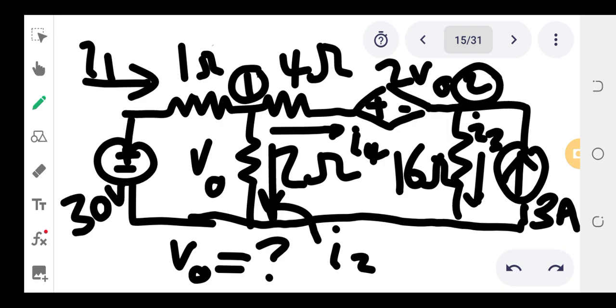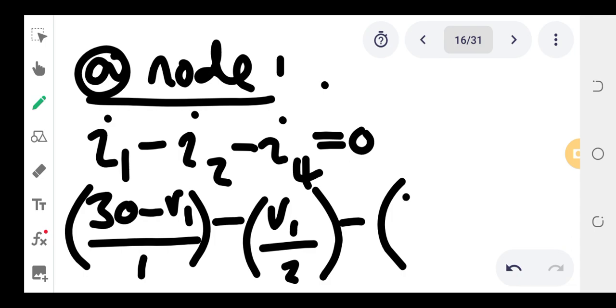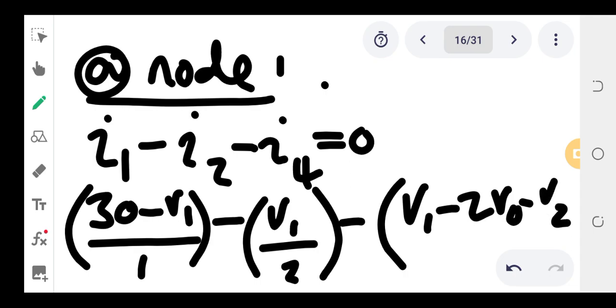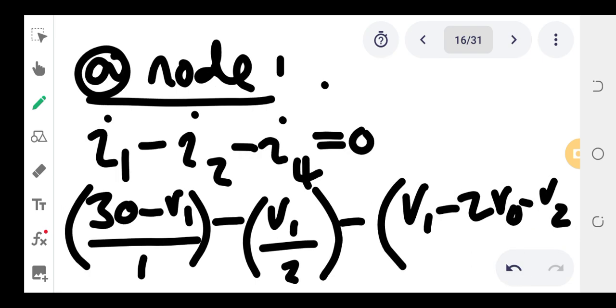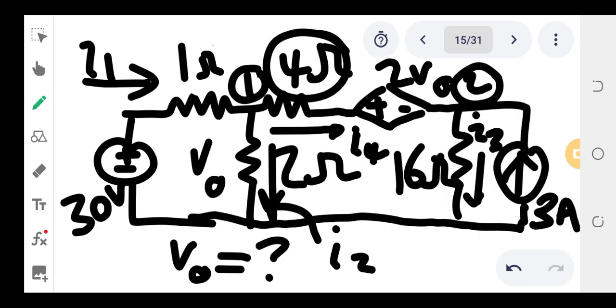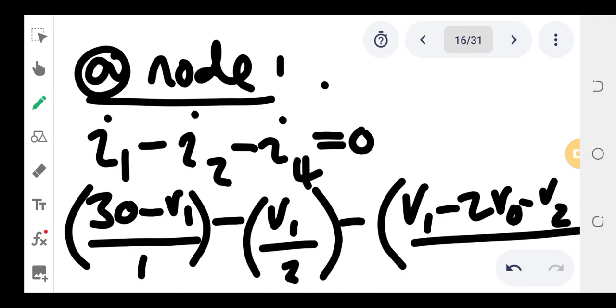So we subtract: we have V1 minus 2V, or minus V2, so minus this voltage again, which is V2 here. All these are divided by the resistance there, which is 4. So we divide by 4, and all these are equal to 0.